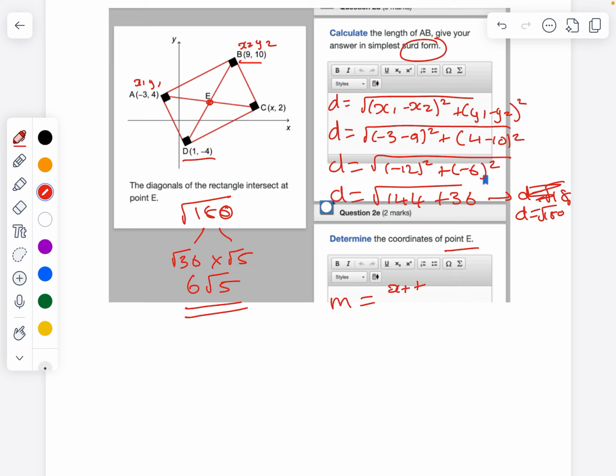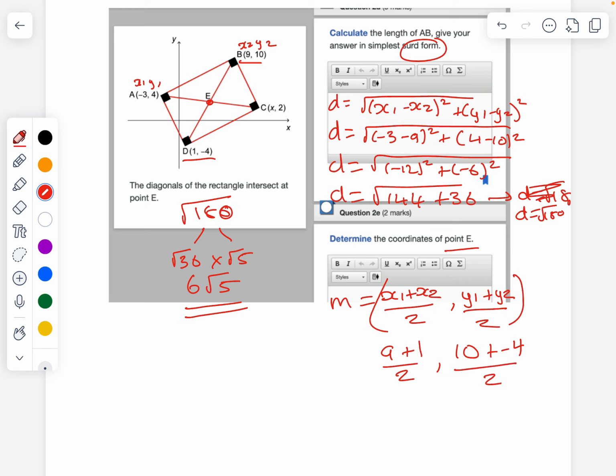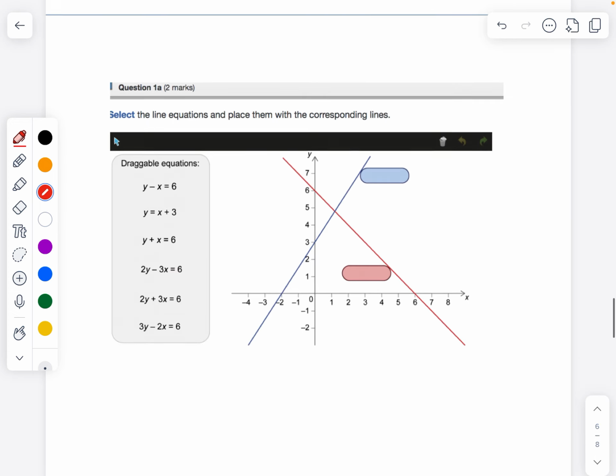The midpoint formula, which you're also given, is x1 plus x2 over 2, y1 plus y2 over 2. So in this question, I need 9 plus 1 over 2 and 10 plus negative 4 over 2. That's going to give me 10 over 2, and 6 over 2. So that means my point is 5 and 3.